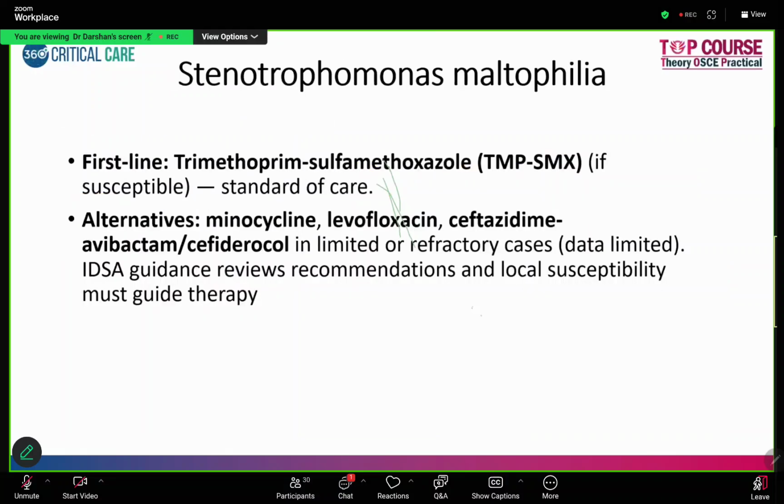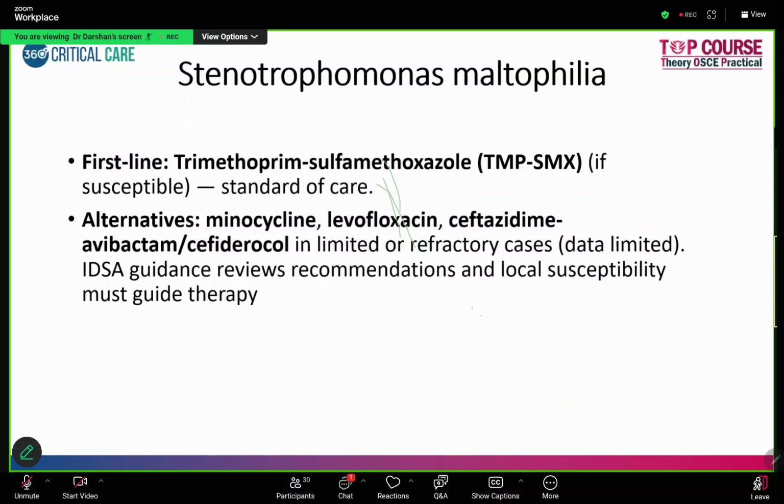Coming to the last group of organisms, that is Stenotrophomonas, the best available treatment is tricky for this. Either you can go with trimethoprim-sulfamethoxazole, that is your Septran, that is usually the standard of care, and sometimes there will be resistance seen to trimethoprim-sulfamethoxazole as well. In such cases, what they say is you can use levofloxacin.